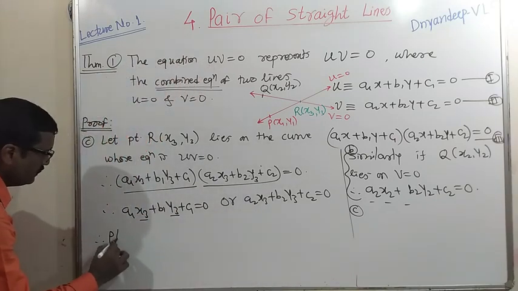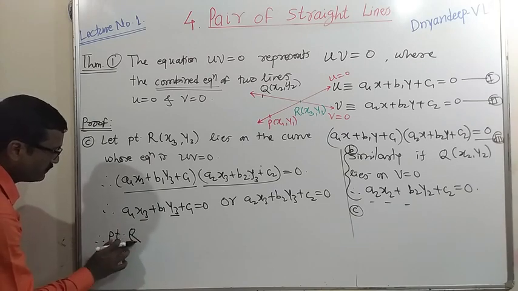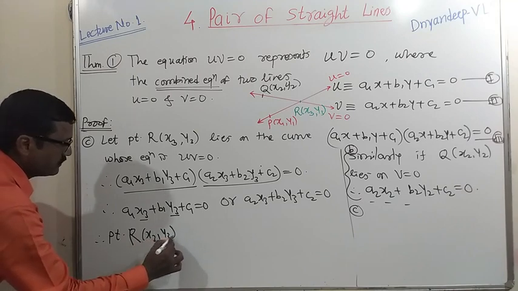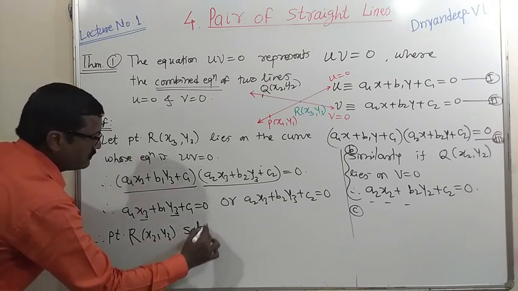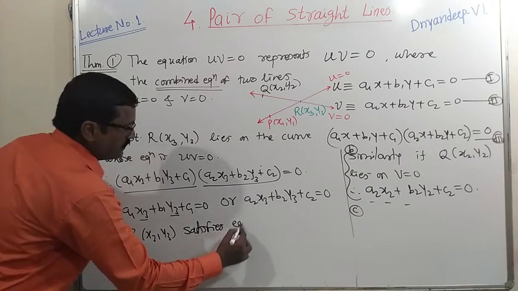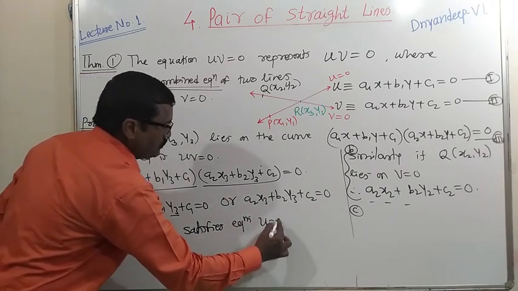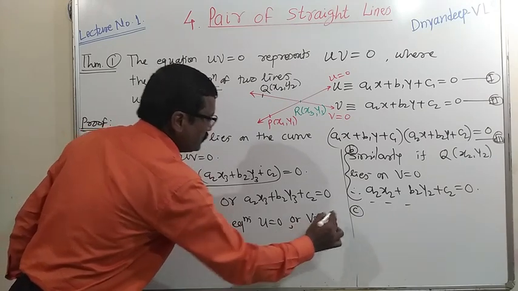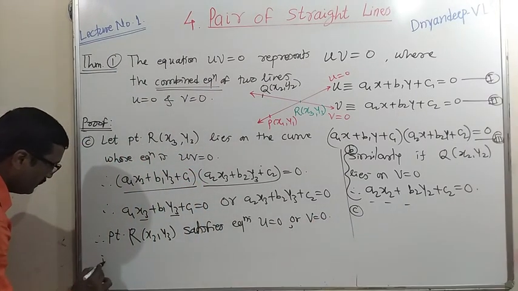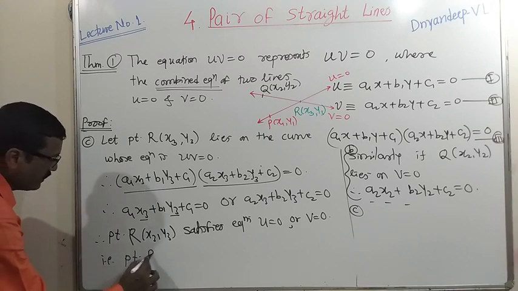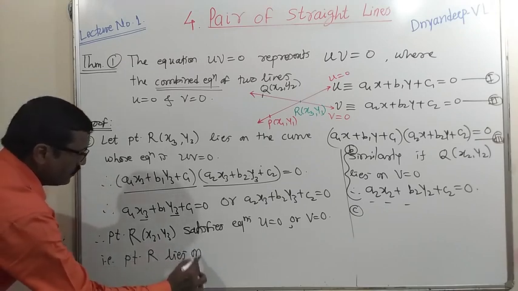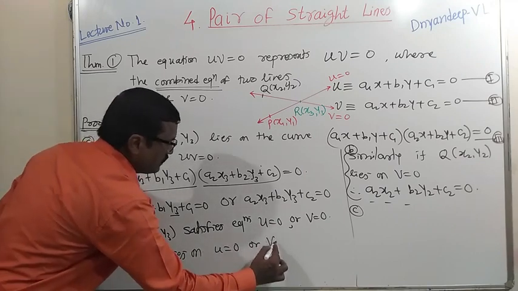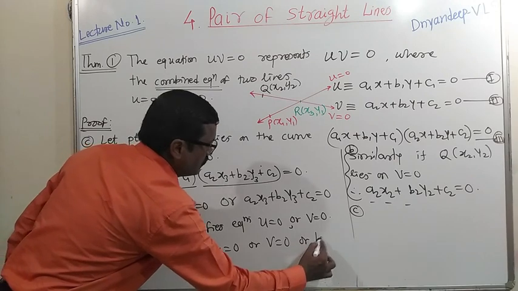Therefore point R(x3, y3) satisfies the equations u = 0 or v = 0. It means that point R lies on u = 0 or v = 0 or both.